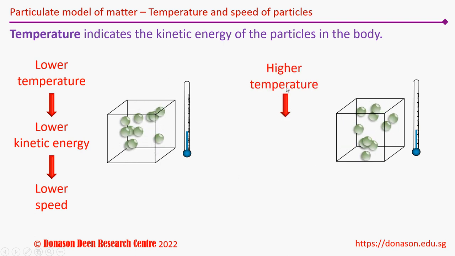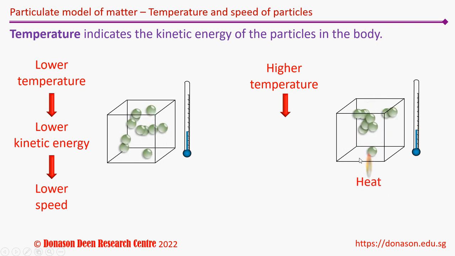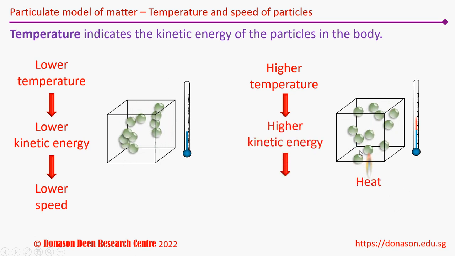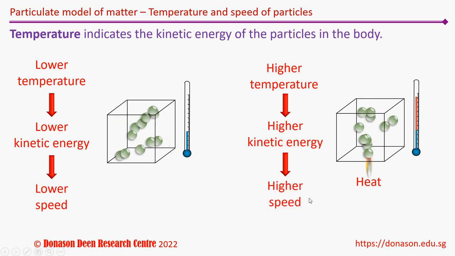So at higher temperature, if we were to increase the temperature, let's say we start heating the substance, and as we heat, the temperature goes up, then of course the heat energy is going to be converted into kinetic energy of the particles, and the particles will now begin to have a higher amount of kinetic energy, and of course that kinetic energy will translate to higher speed.